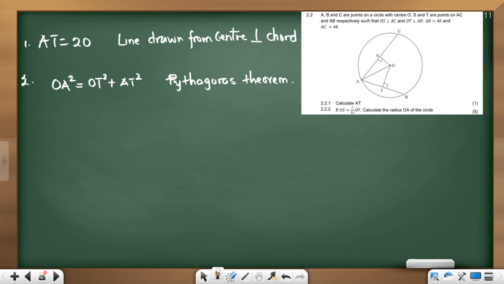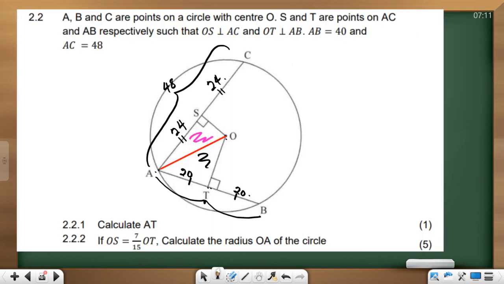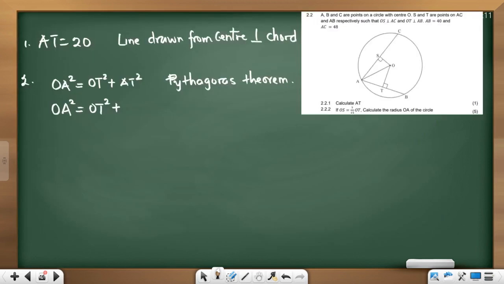Remember, AT is 20. Do we know OT? No. We got AT earlier on as 20. 20 squared. That will leave me with OA squared equals OT squared plus 400. I'm going nowhere.